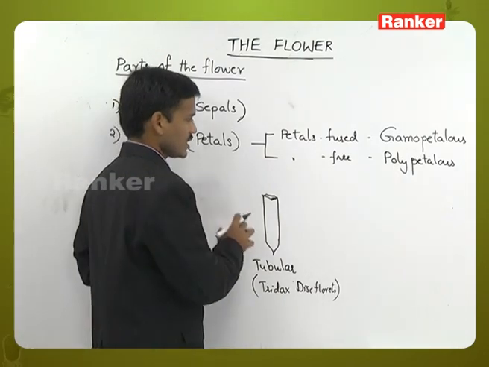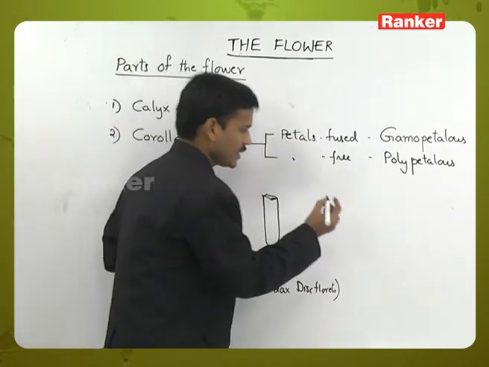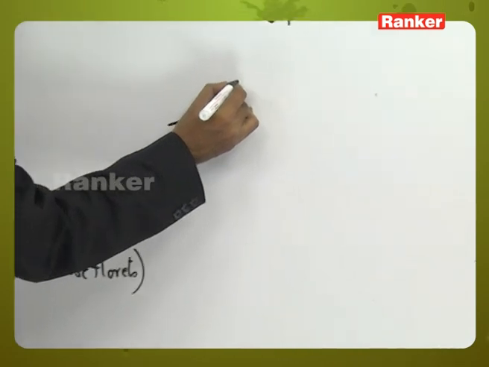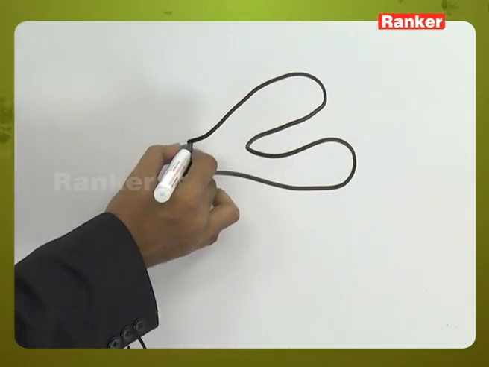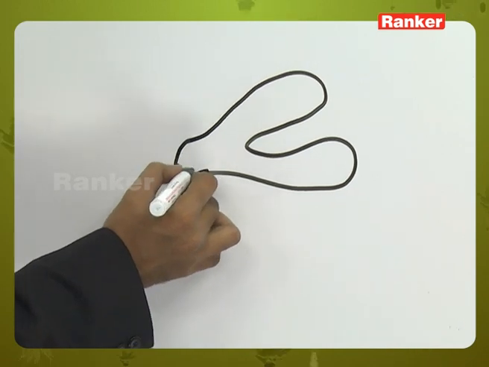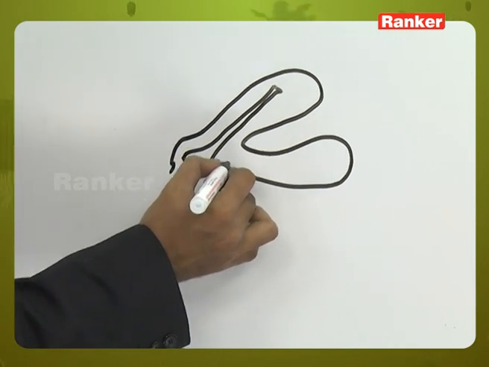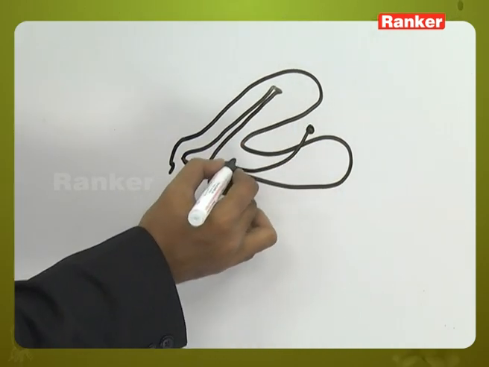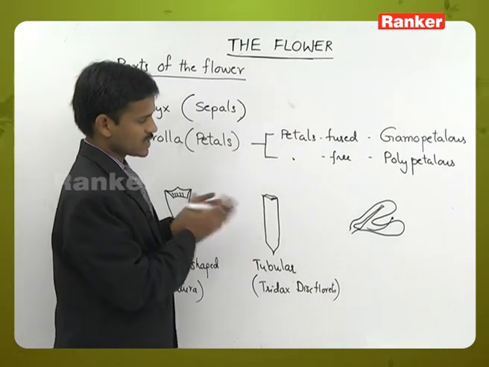And sometimes the corolla is showing a bilipped structure, two lip-like structures.